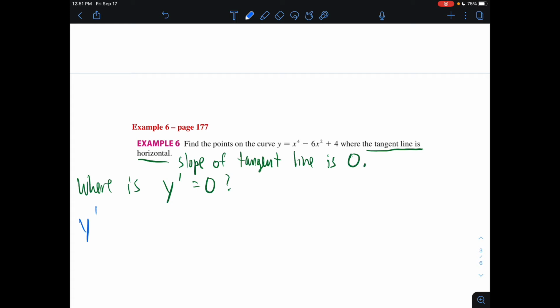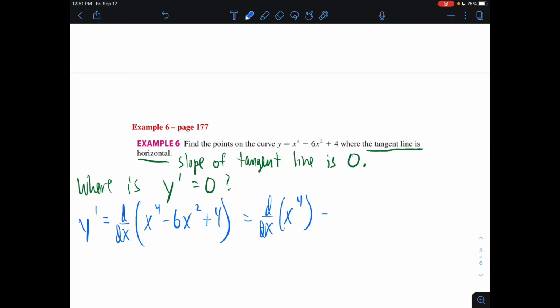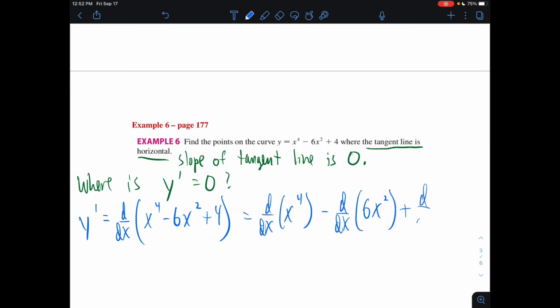y prime is equal to the derivative with respect to x of x to the fourth minus 6x squared plus 4. And again, we can distribute our derivative by using the sum and difference rules. On the first derivative of x to the fourth, I can use the power rule. That becomes 4x cubed.